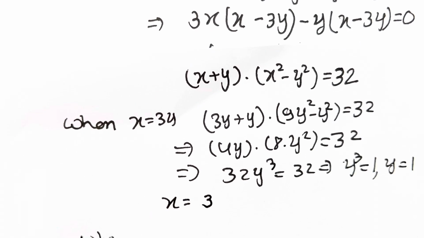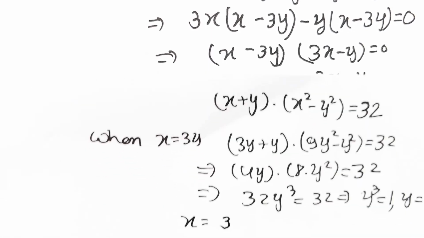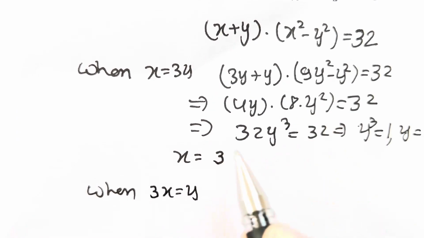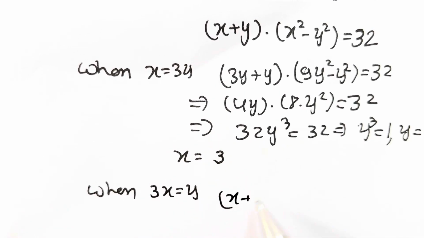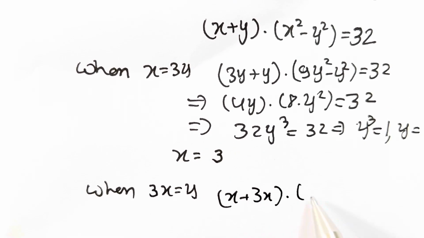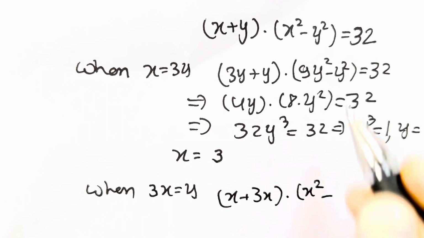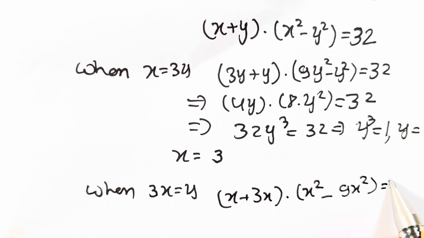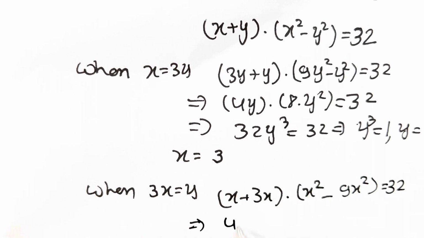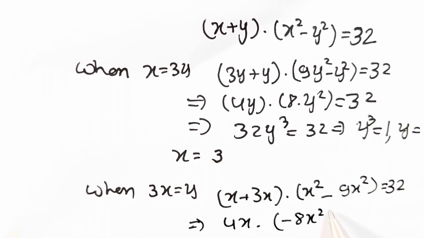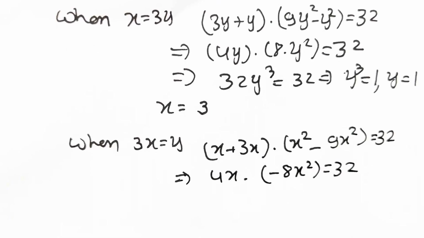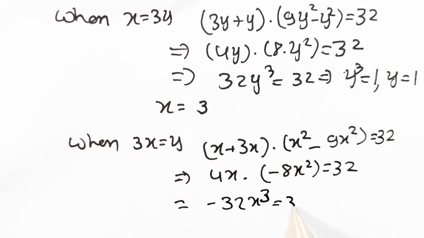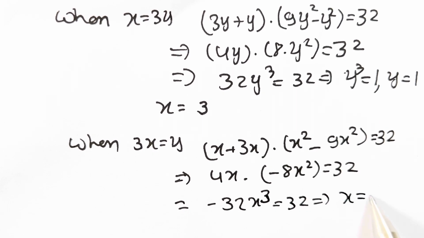Now we put the second value, when 3x is equal to y. So when 3x is equal to y, the original equation will become x plus y is equal to 4x, into x square minus y square, which means 9x square, minus 8x square, is equal to 32, which is minus 32x cube is equal to 32, which means x becomes minus 1.